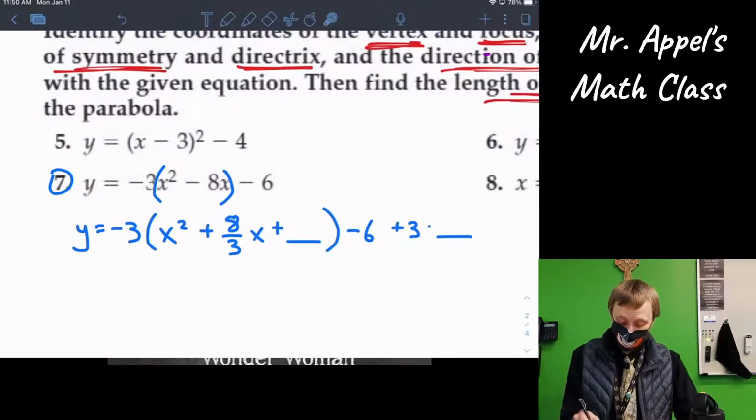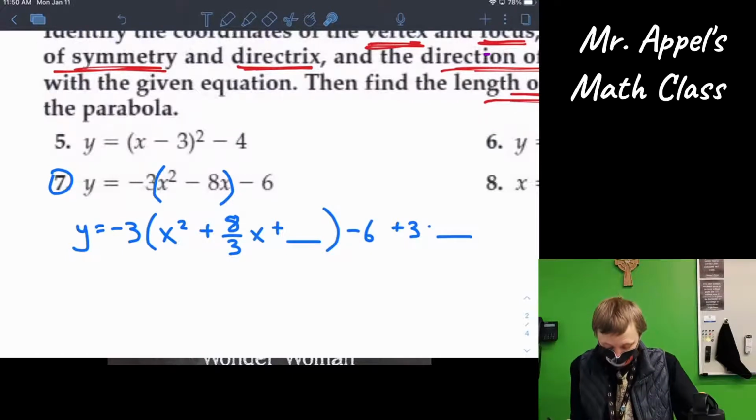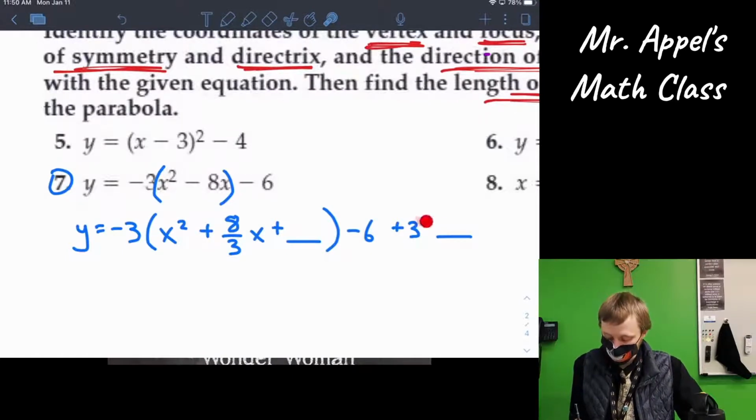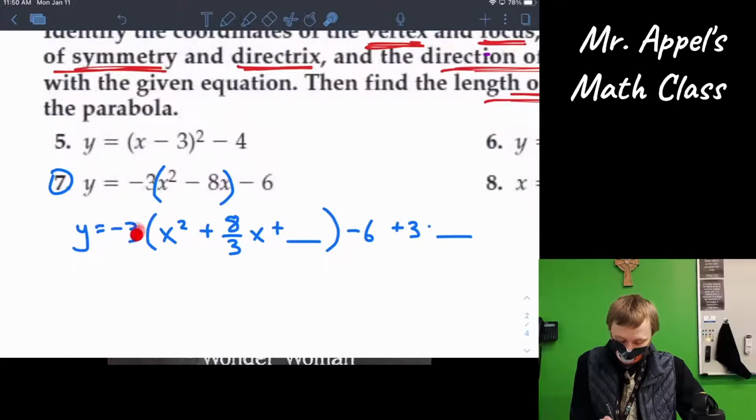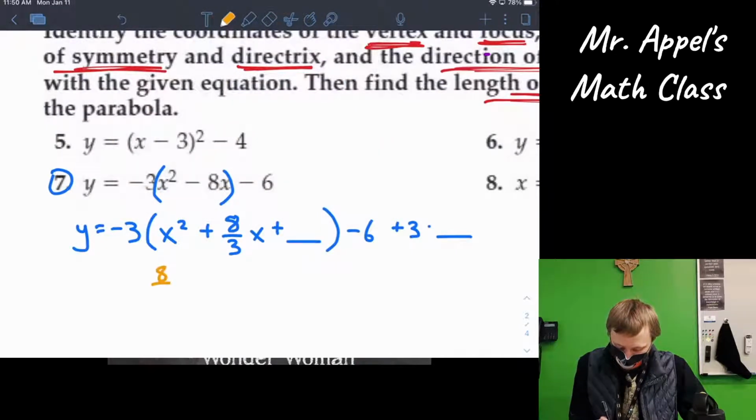That way our blank is the same number, and we already have the multiplied by negative 3 to compensate. Okay, so in this case, we're adding that amount because this gets subtracted. So what is that amount going to be? We take the 8/3, we divide it by 2, we get 4/3, square that, 16/9.